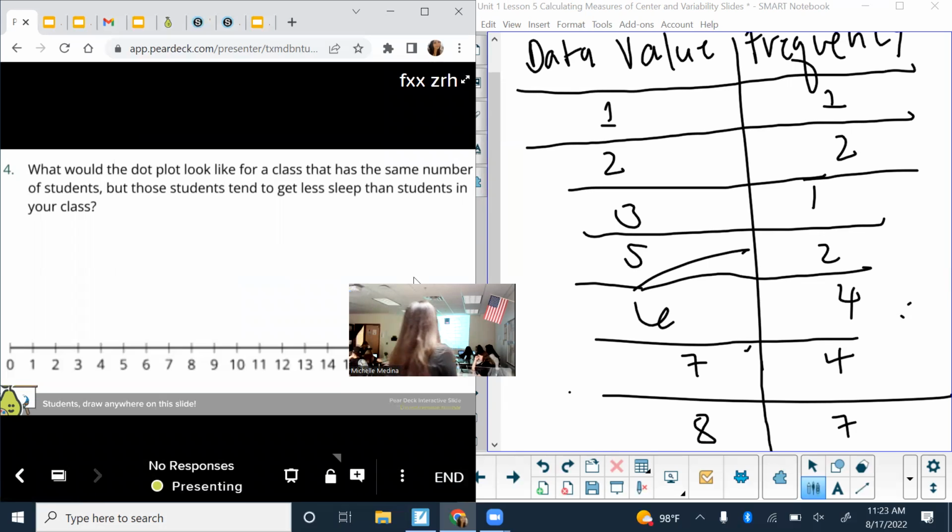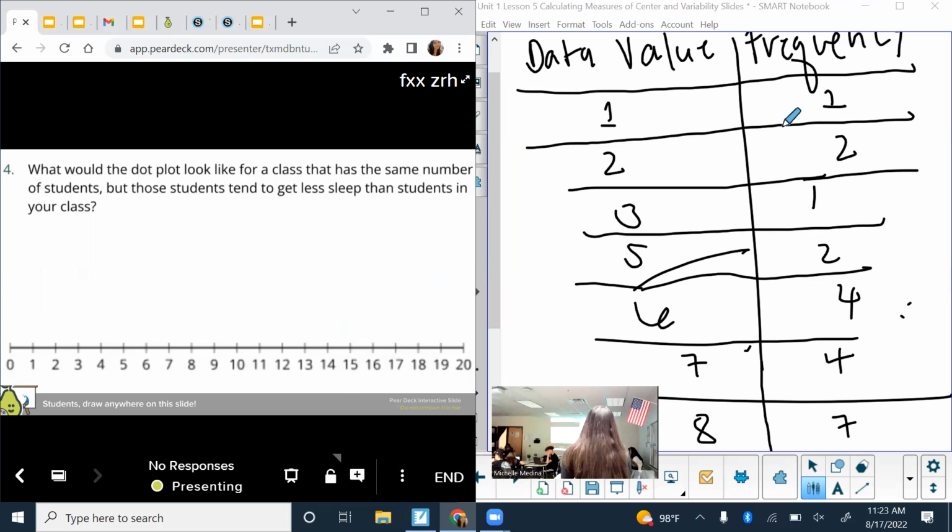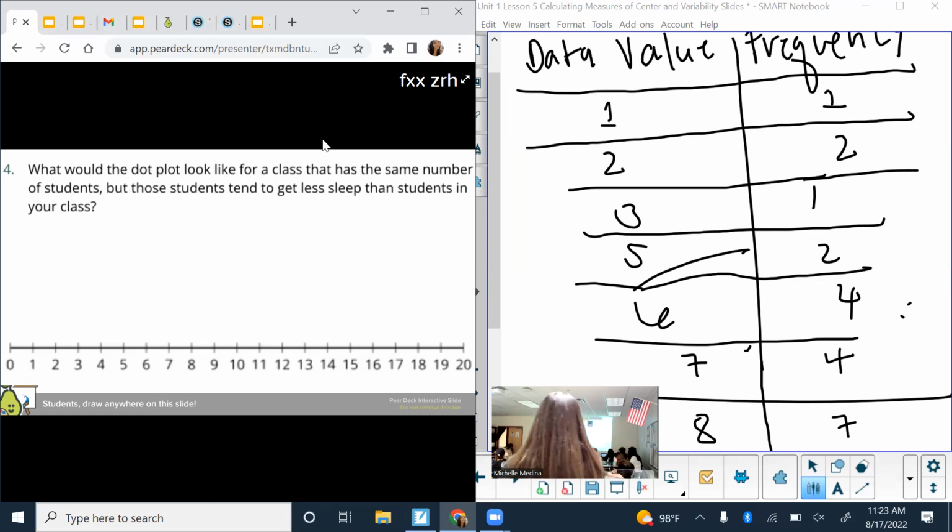So now the grand finale, make your dot plot using this data. And then what does it say? So make it with this data first.